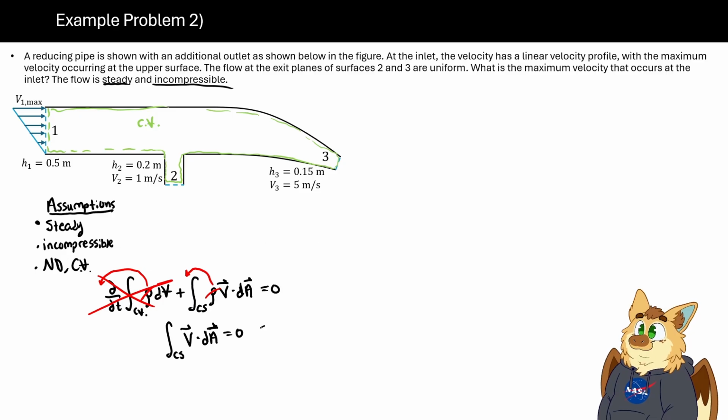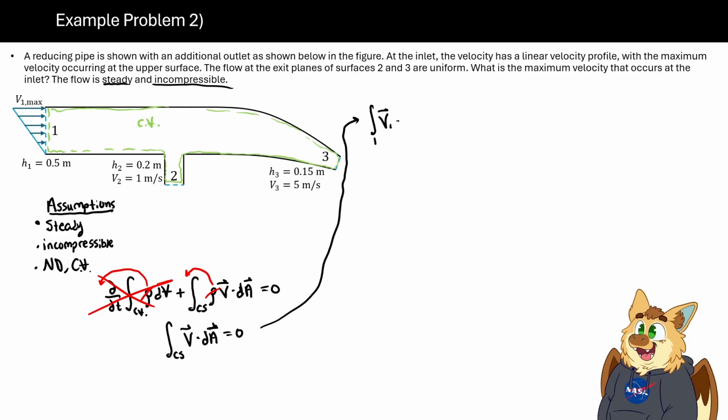So let's go up here now. Let's expand this term into the individual control surfaces that we have here, surfaces 1, 2, and 3. I'm just going to put a 1 at the bottom, because that CS is tough to write with this Wacom tablet.